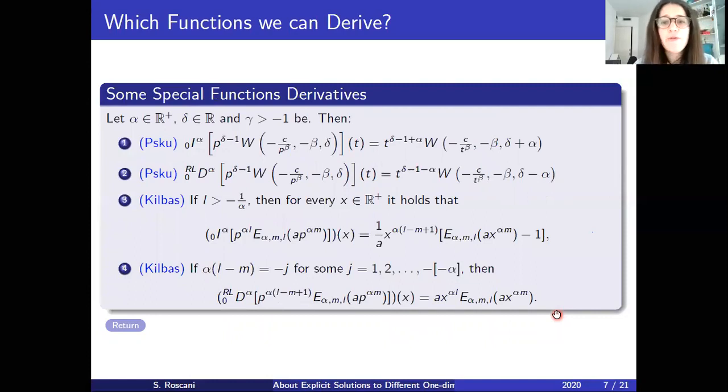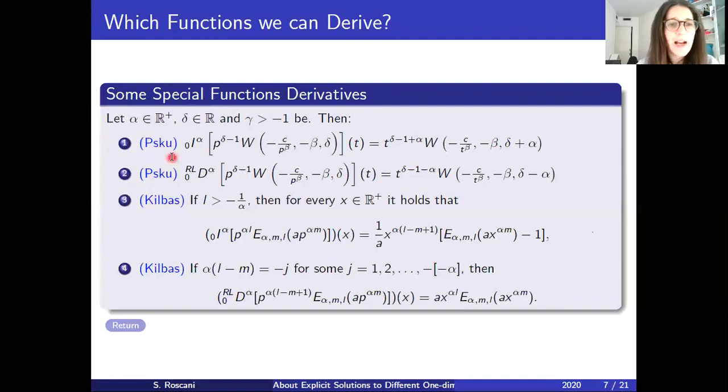So at this point, I know how to derive these special functions. Look at this. These properties are demonstrated in Pskhu's books, which are in Russian, but the mathematics is okay.